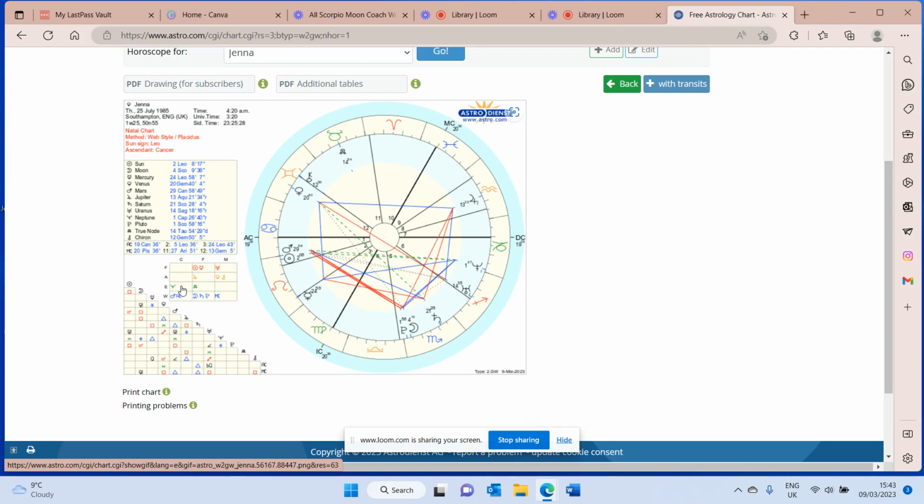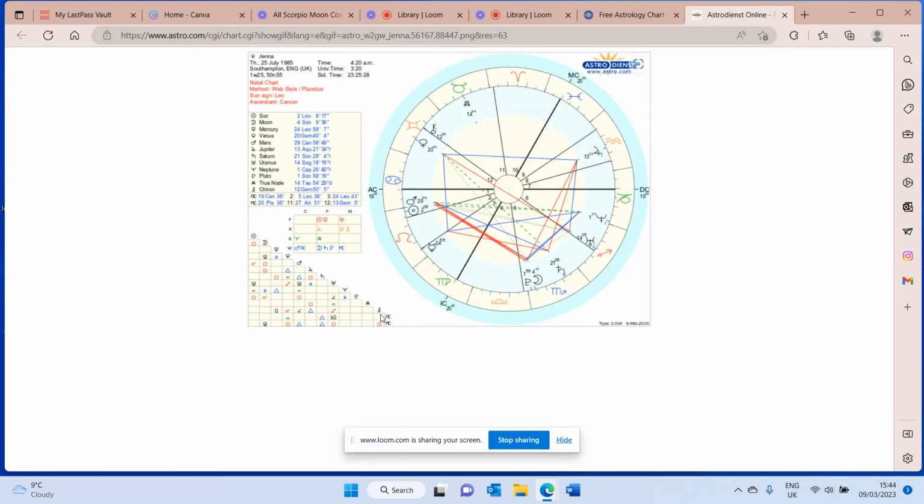That can tell me a little bit about my chart. I'm very watery, and watery is very intuitive, very much in your emotions. This is very broad strokes, and I'm simplifying it massively.